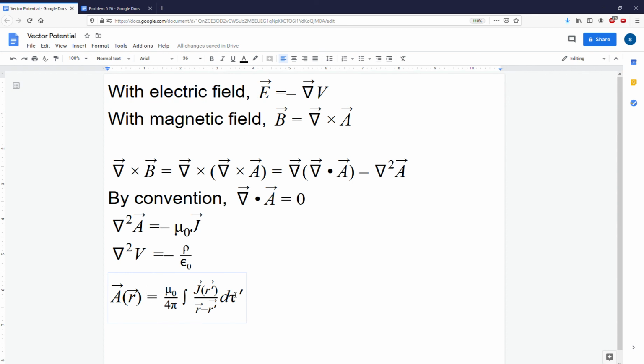And we integrate over all the prime coordinates. So basically, if we were trying to do this for a wire, we would integrate over the wire. R vector would be a fixed constant value, and that would give us the scalar potential at that constant value.